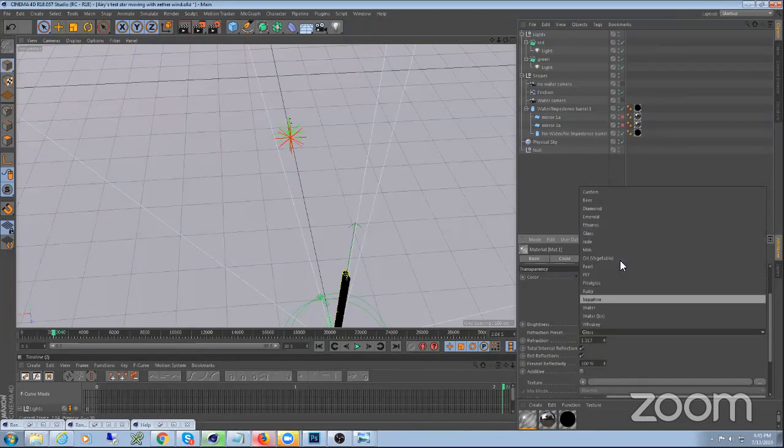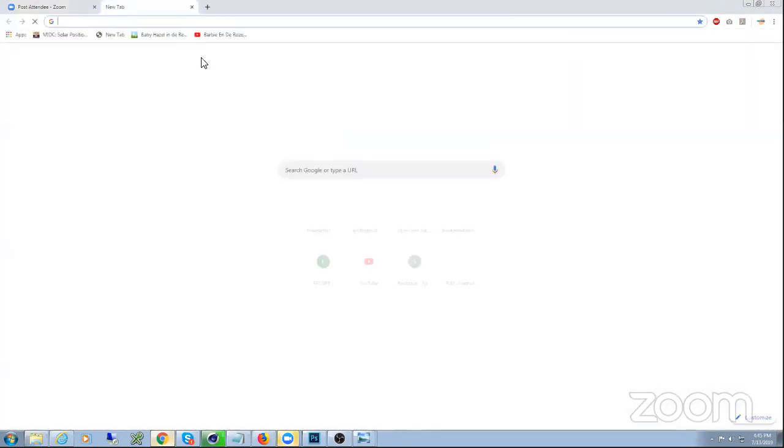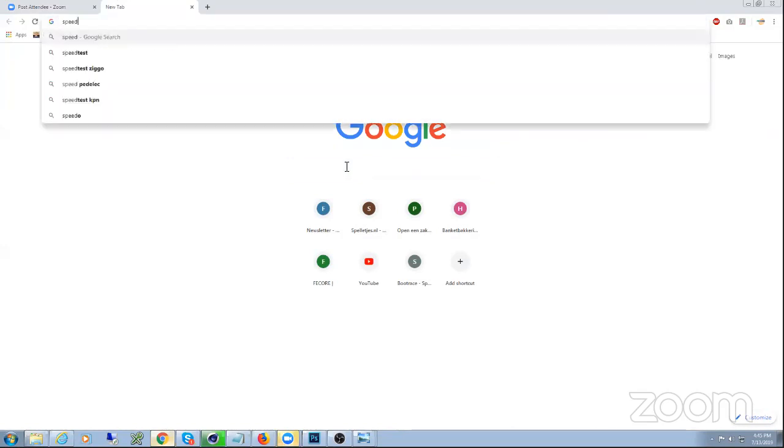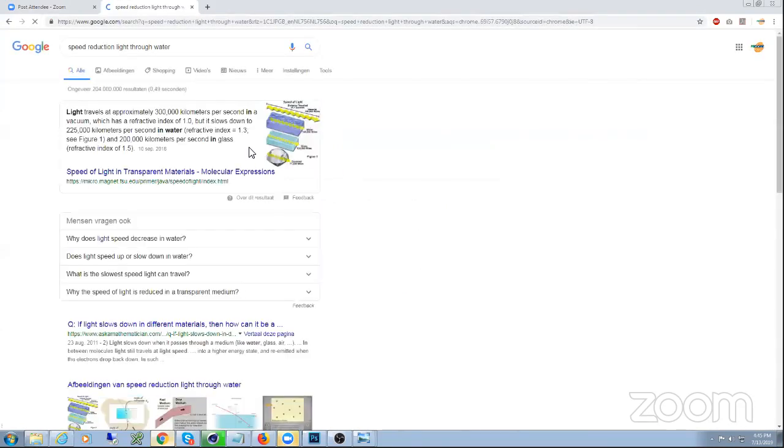1.333 is a speed reduction. I think it's 14%. Let me just check that. Speed reduction light through water. Okay, 0.75.